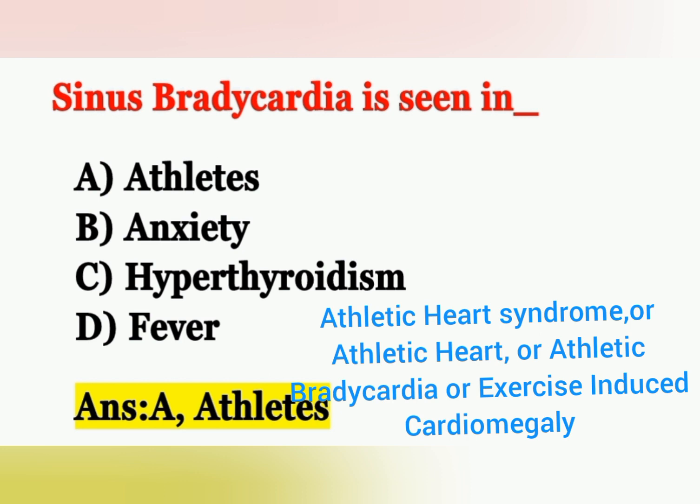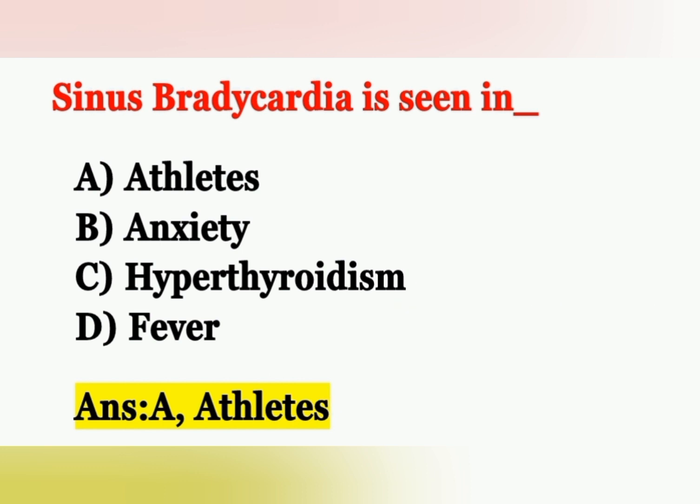Sinus bradycardia is also known as athletic heart syndrome, athletic bradycardia or exercise induced cardiomegaly. This occurs due to slow sinus rhythm with an atrial and ventricular rate below 60 beats per minute. Heart rate is below 60 beats per minute, that is also an important point.